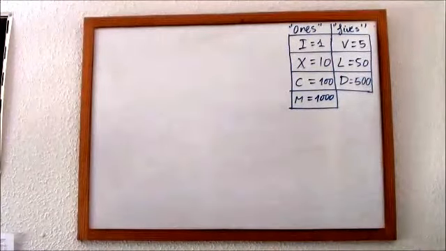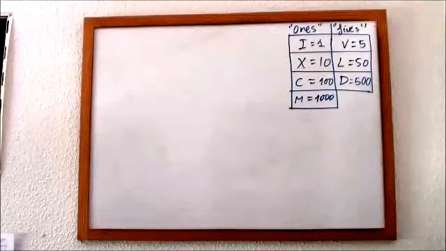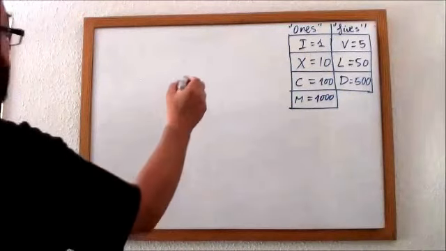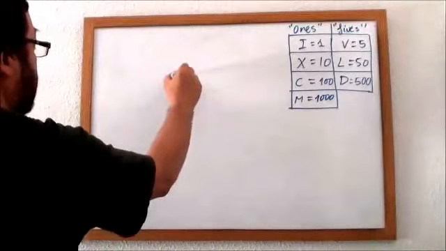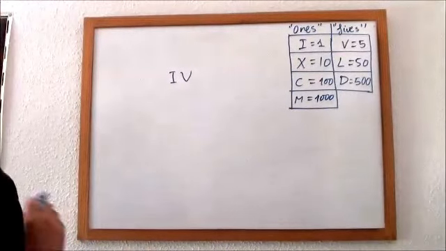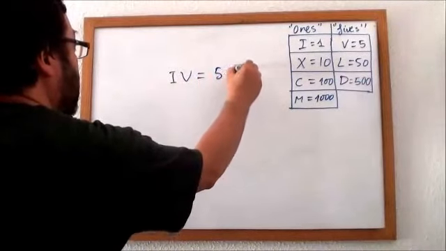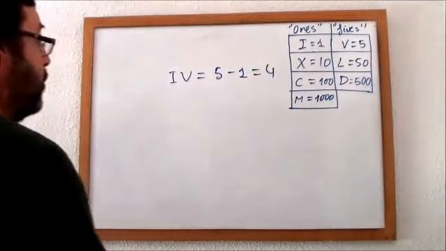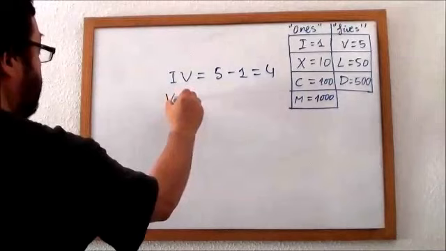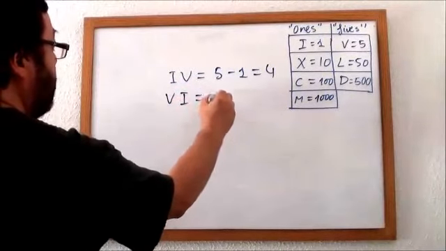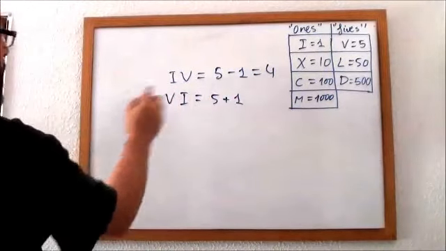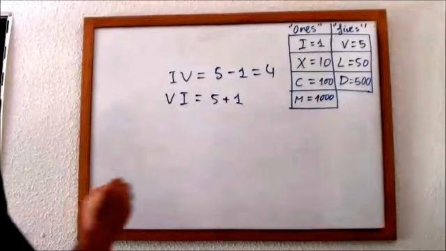To make other numbers, we can as well subtract some letters. For instance, if we write an I on the left of letter V, that is 5 minus 1, so that is 4. So remember, VI is 5 plus 1 and IV is 5 minus 1.